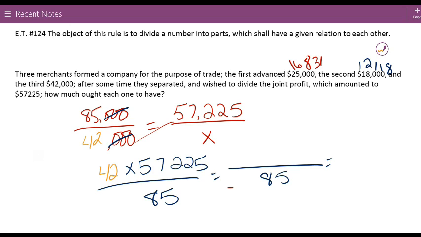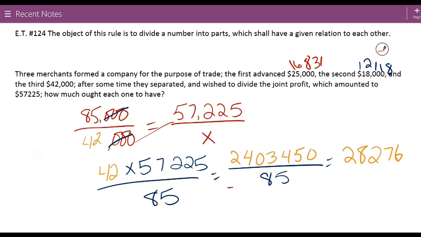So 42 times 57,225 gives us 2,403,450 divided by 85, which gives us $28,276 roughly.